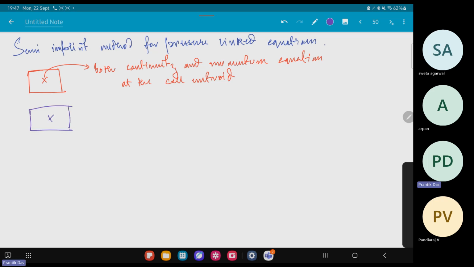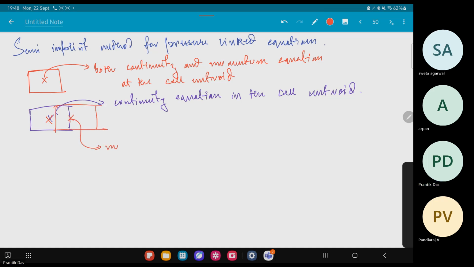Similarly, when there is a staggered grid, we are solving the continuity equation at the cell centroid and the momentum equation at the surface.